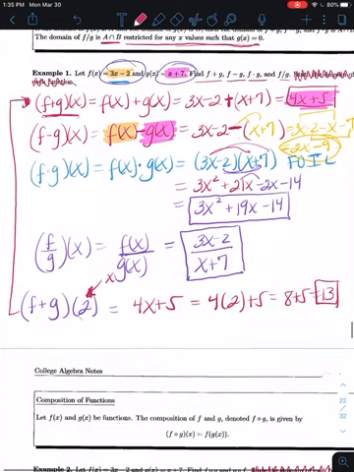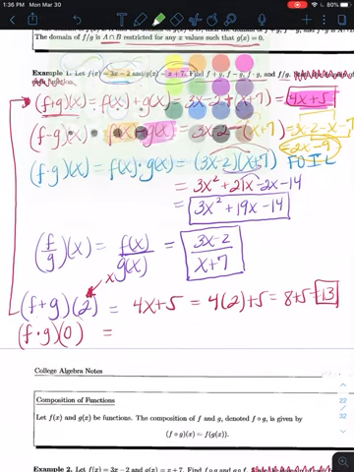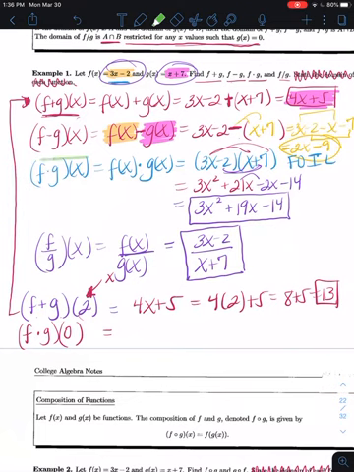So if the question was f times g of 0, then I would find the f times g of x answer. So f times g of x, which is here. The answer to that is this stuff right here.